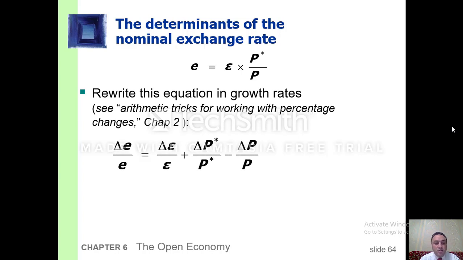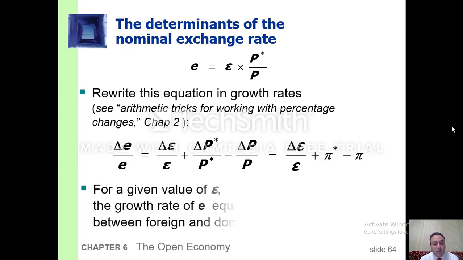As you can see here, the change in the nominal exchange rate divided by the nominal exchange rate equals the change in the real exchange rate divided by the real exchange rate, plus the change in the foreign price divided by the foreign price itself, minus the change in the home price divided by the home price, which equals the change in the real exchange rate divided by the real exchange rate plus the foreign inflation rate minus the home inflation rate.